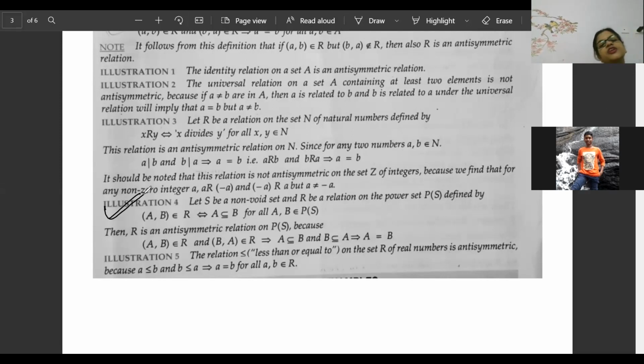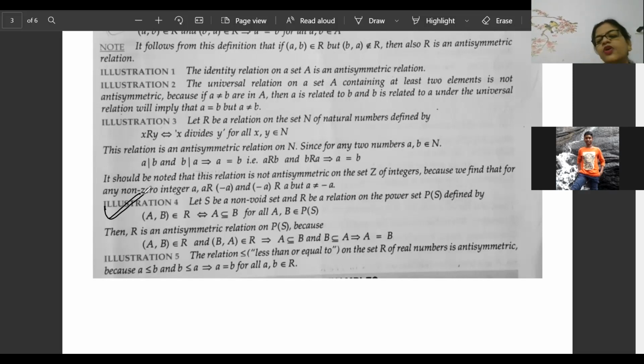See this illustration and tell me, understood or not? Thank you, Vishika. It is that only.